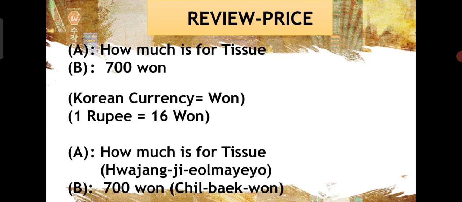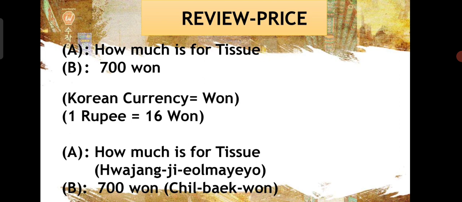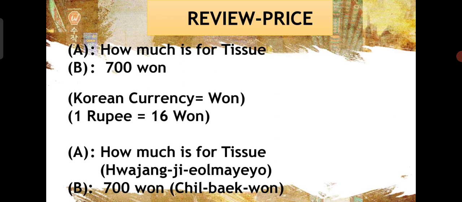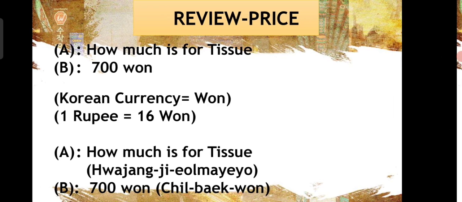Got it? Next, for example, how much is the tissue? Hwajangji olmaeyo. You already studied in earlier chapters that tissue is hwajangji and how much is olmaeyo. So you have to use the sentence Hwajangji olmaeyo. And B replies chilbaek won. It means 700 won.